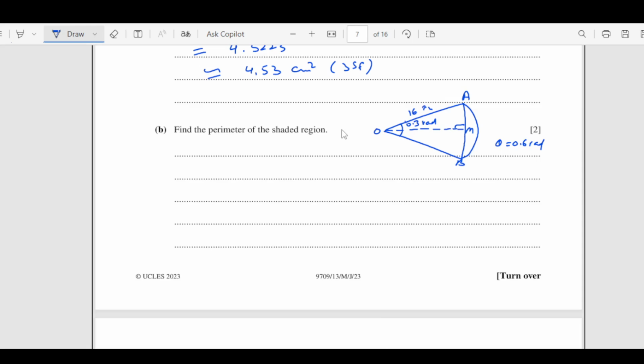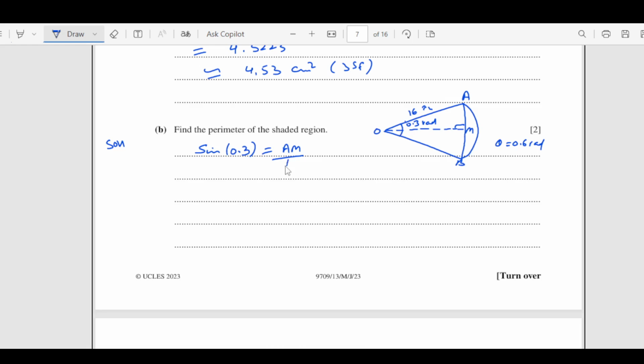We have theta, and we have the hypotenuse, and we can find out AM. So we are going to use sine, opposite over hypotenuse. Sine 0.3 equals opposite, opposite is AM, over hypotenuse. Hypotenuse is 16 now.